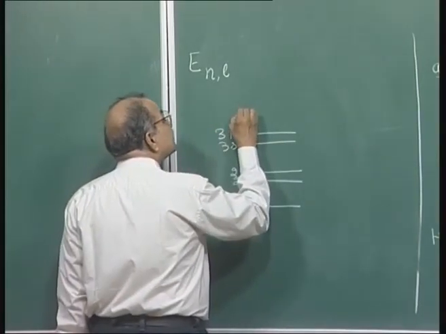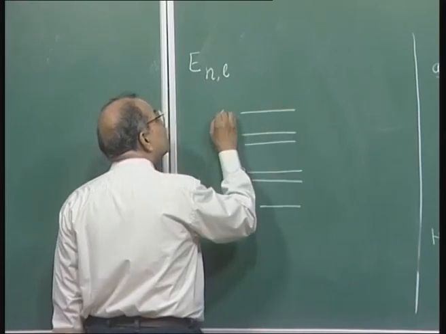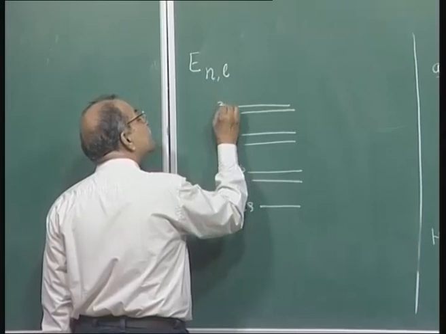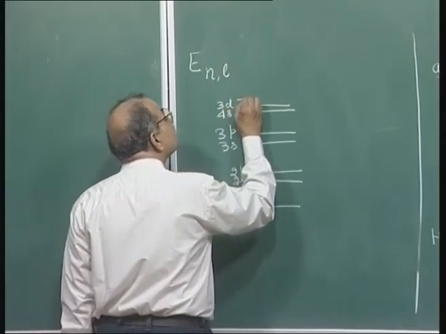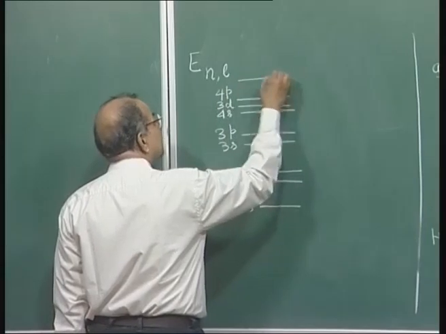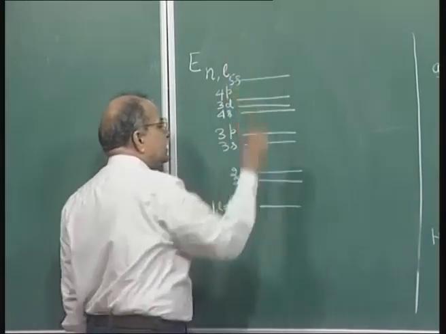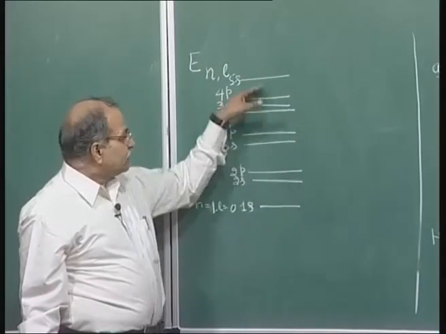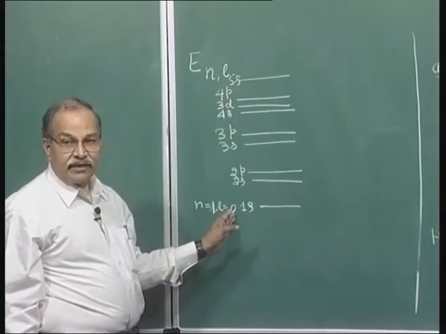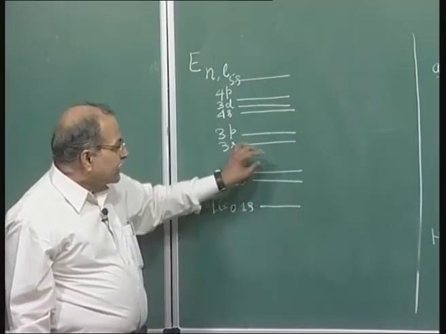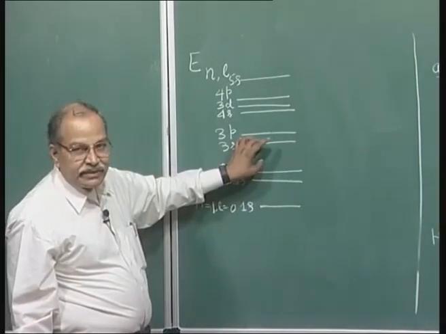Then the 4s is somewhere here. In general 3d is slightly above, and then you have 4p, and then you have 5s, and so on. So different energy levels appear for different n and L, and it so happens that there are bigger gaps in energy.